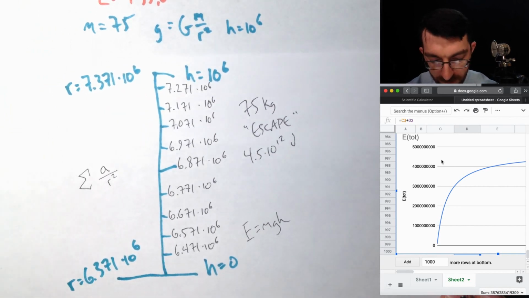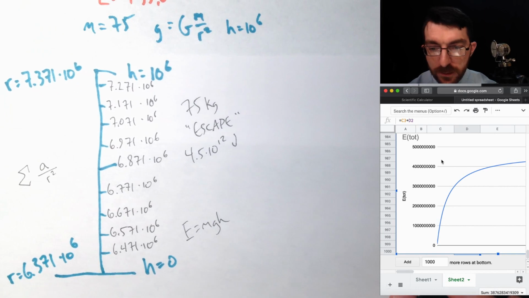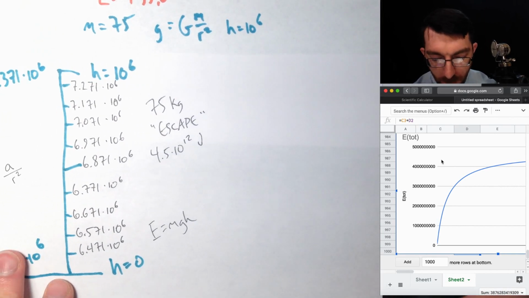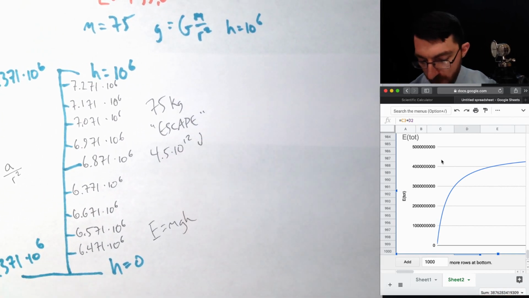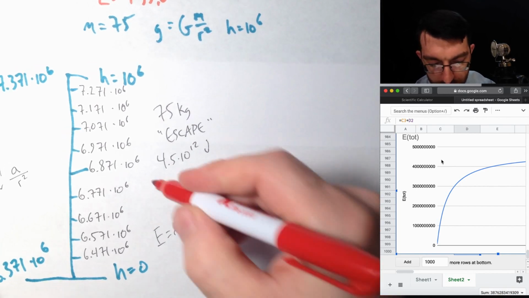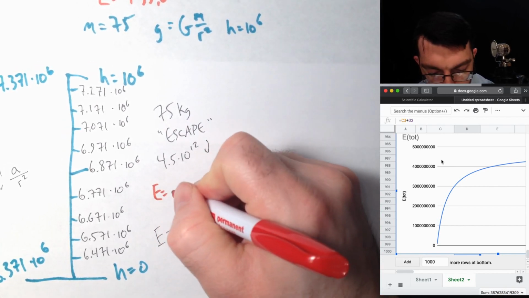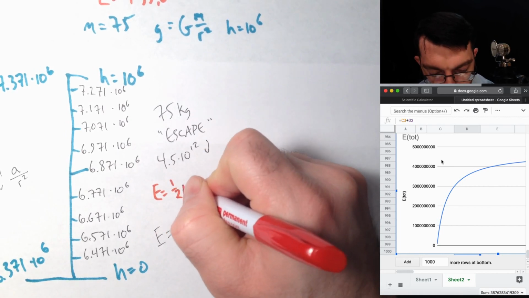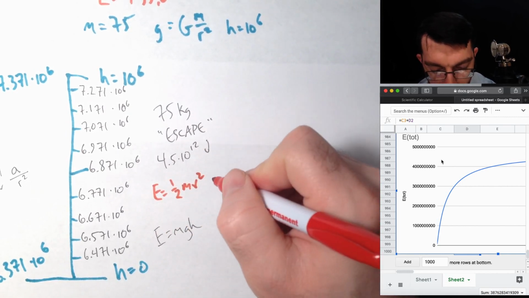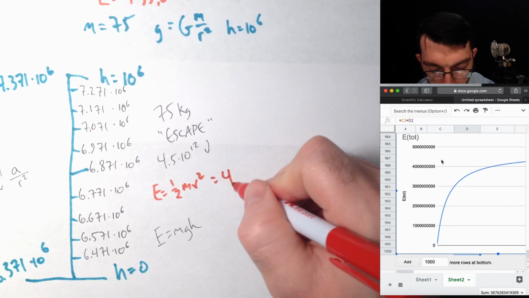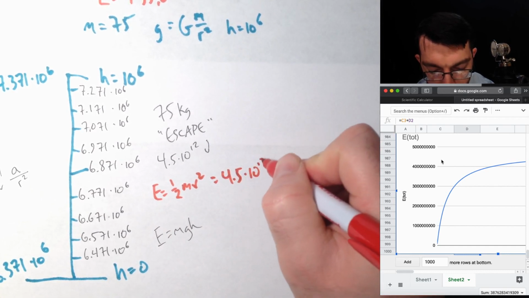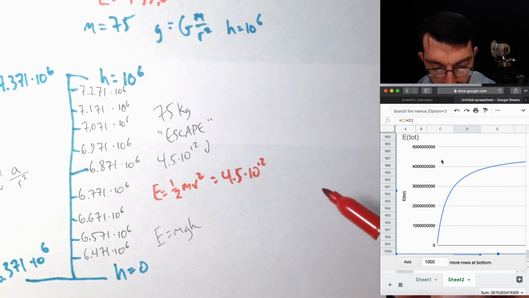What kind of speed can do that? If we are taking that equation, E equals half mv squared, and we're solving that for 4.5 times 10 to the 12th joules.